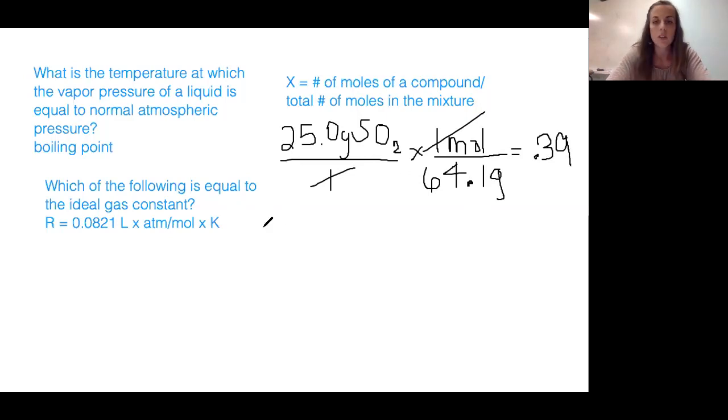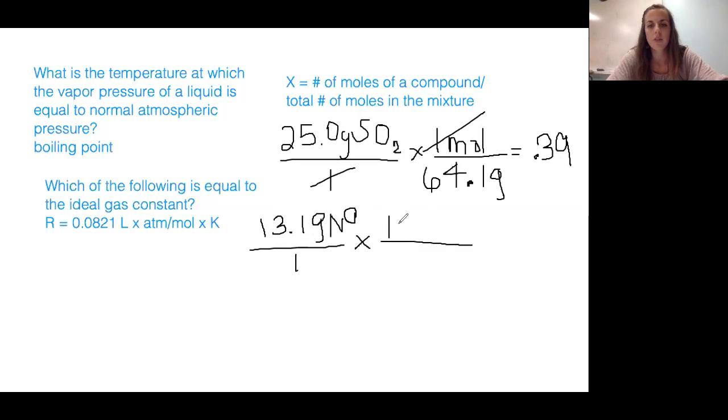Next one, let's do 13.1 grams of NO, over 1, times 1 mole of NO. I'm just going to give it to you because I don't want to waste time. You guys should really know how to do this by now.